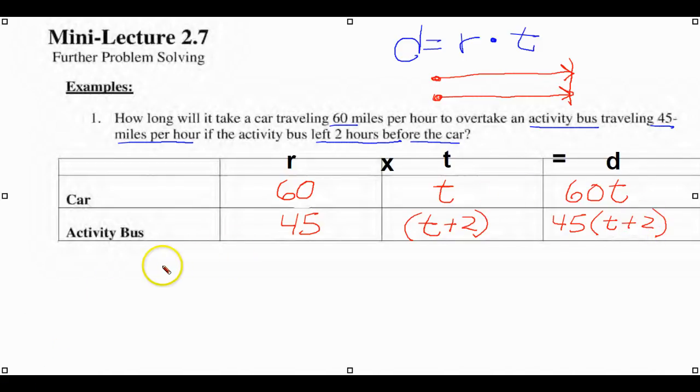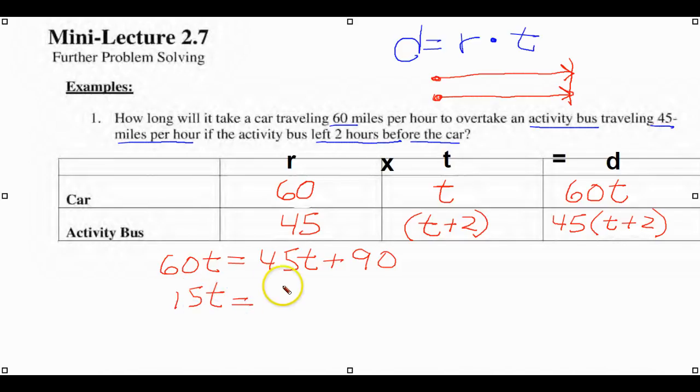Now we're going to set them equal to each other. 60t equals 45t plus 90. I'm just going to distribute that. Now I subtract 45t from both sides, and I get 15t equals 90.